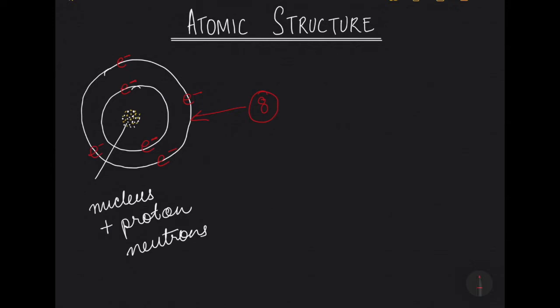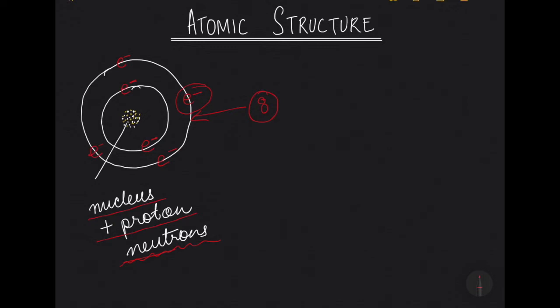The nucleus has positive protons and neutrons, which do not have any charge, and in the orbits, like the planets, you have the negatively charged electrons. There are different levels: first orbit, second orbit, third orbit, or orbit K, L, M, N, and so on. Now what are orbits? They are imaginary paths where the electrons revolve around the nucleus of the atom.